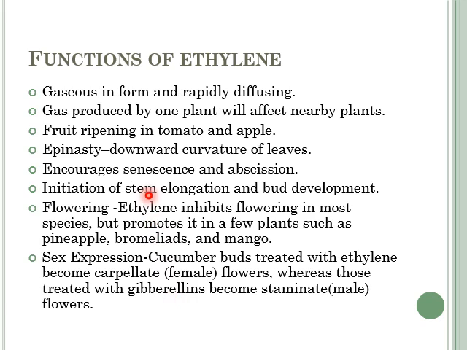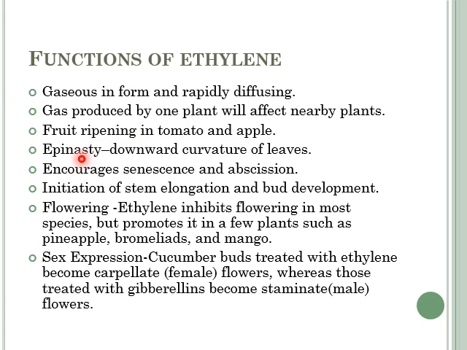This is the gaseous hormone, and the main function of this hormone is fruit ripening. Since it is gaseous, when fruits are lying with each other, by the process of diffusion they will affect the nearby plants and they start ripening.